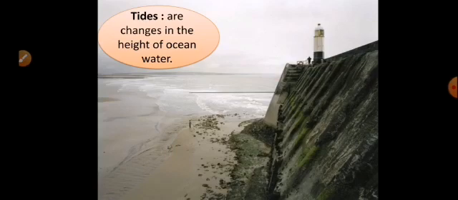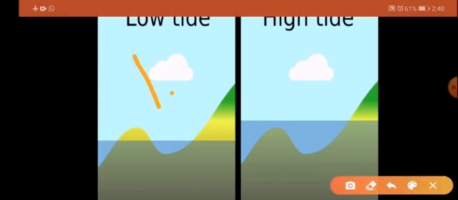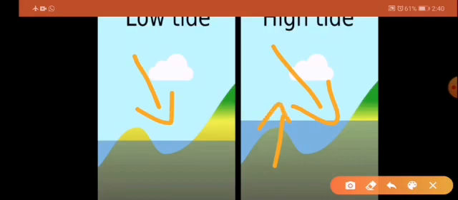The tides have two types, low tides and high tides. Low tides mean there will be less ocean water, but high tides mean the height of the ocean water will increase. Okay?